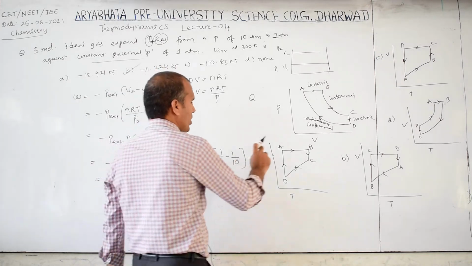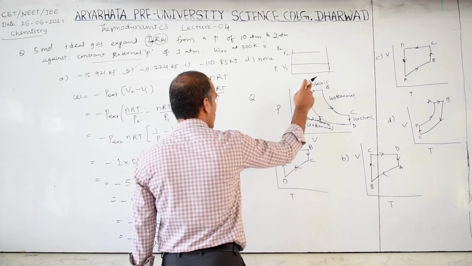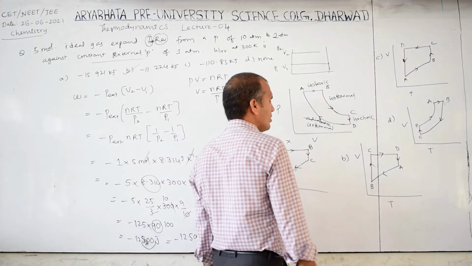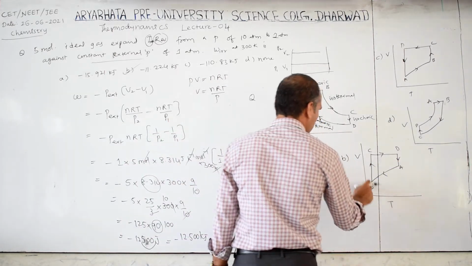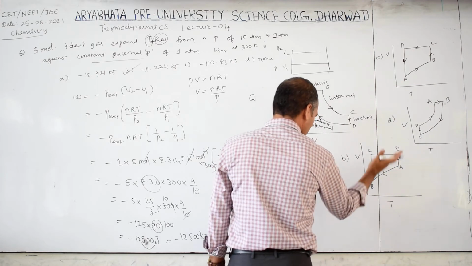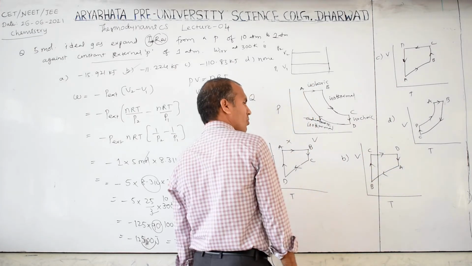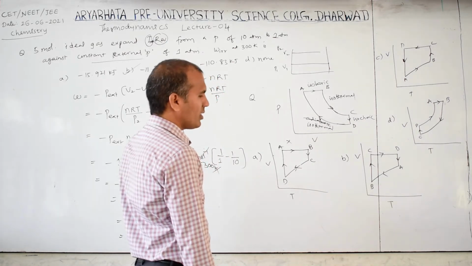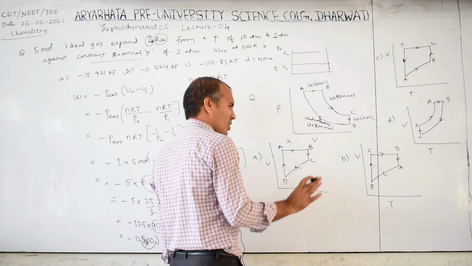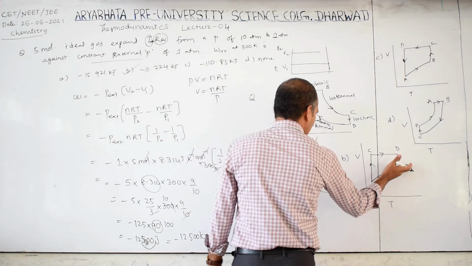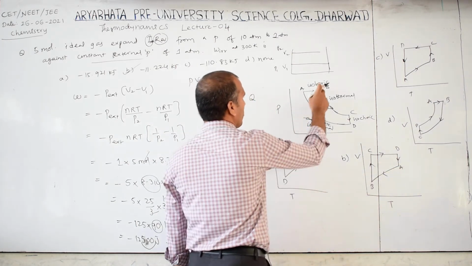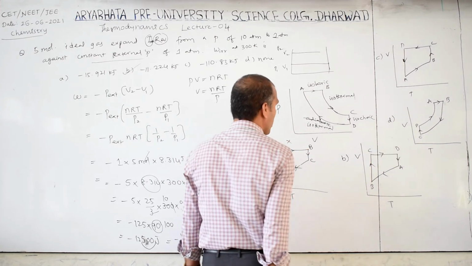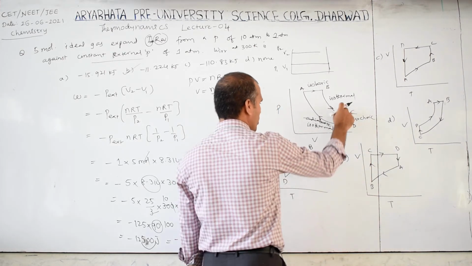Now A to B is isobaric, so this is not. And A to B in pressure-volume is isobaric, this line you can see, from states of matter, Boyle's law, Charles law, Gay-Lussac's law, then you will get that this is isobaric. B to C isothermal.